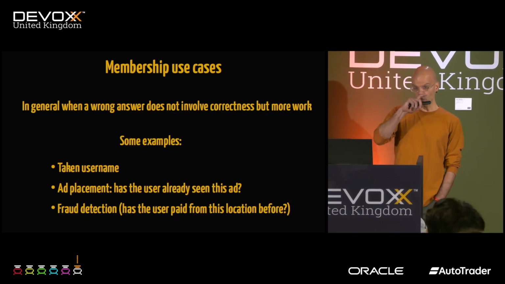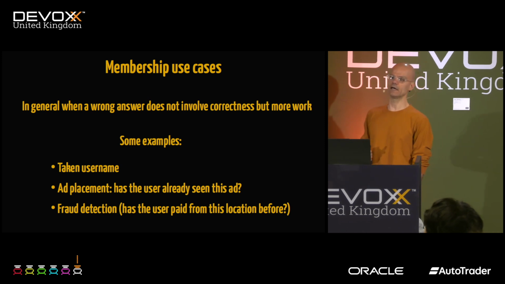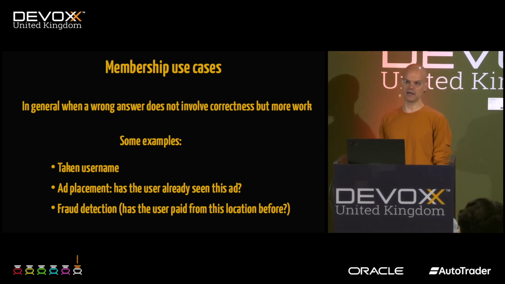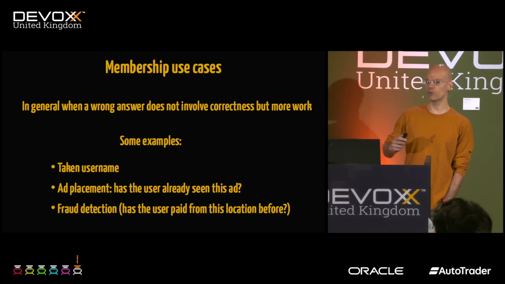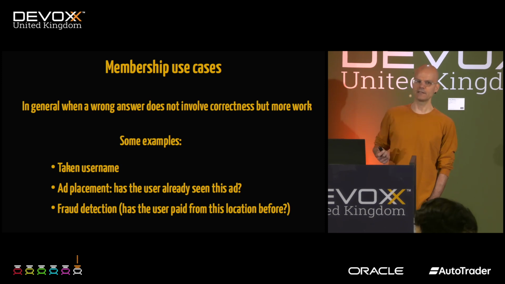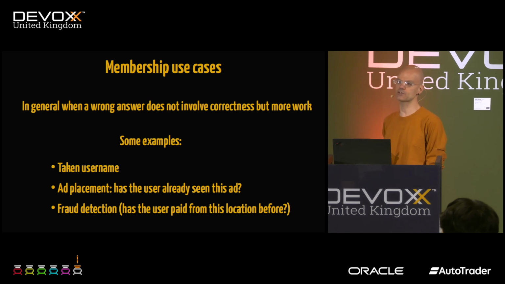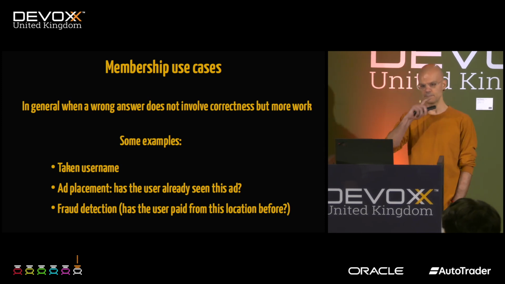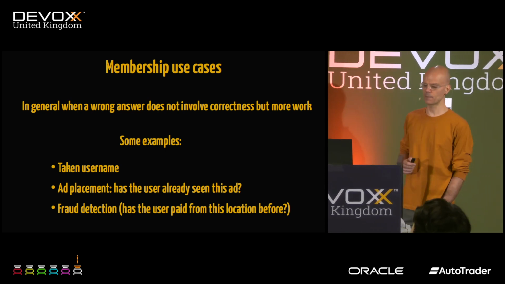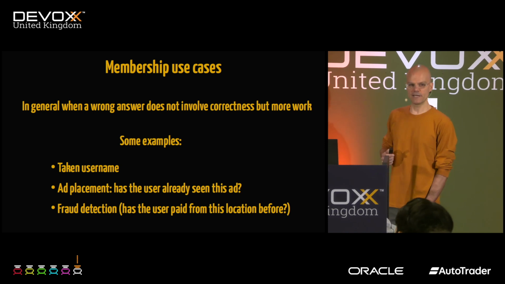And when do we need to use these kinds of tools? In general, when a wrong answer does not involve the correctness of the whole business logic, but just more work. So let's take some example. A taken username.